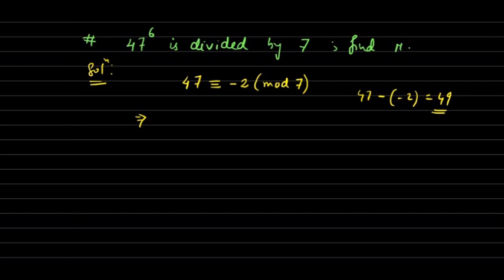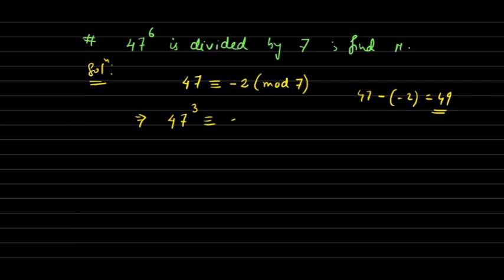So try to make that remainder 1 or minus 1. So here we are going to find 47 raised to the power 3, let's say. So you can directly put 6 here. So okay, let's do it this way.